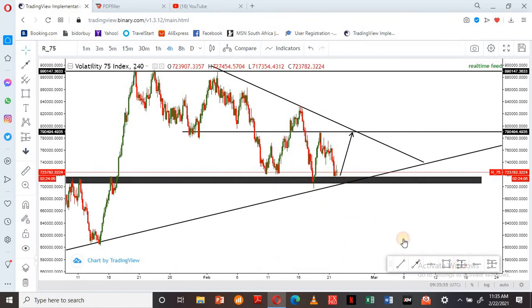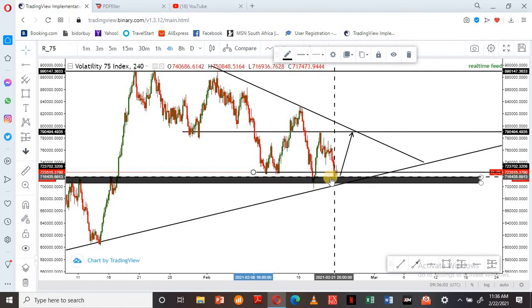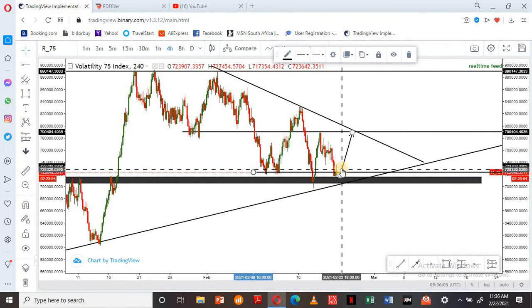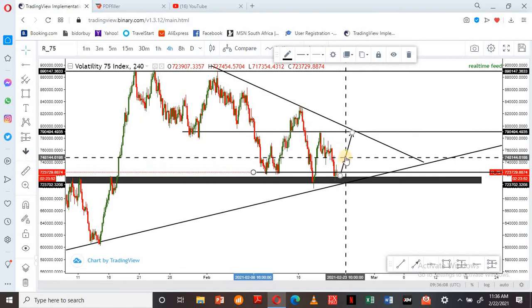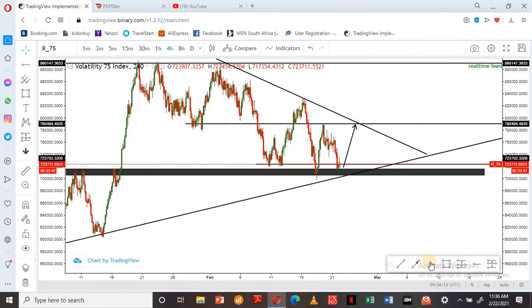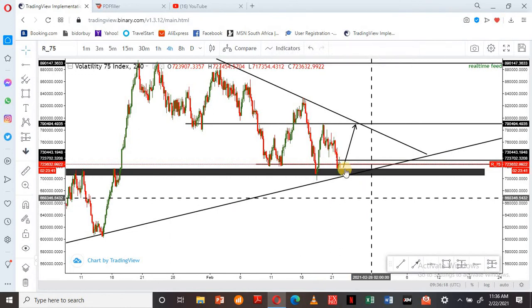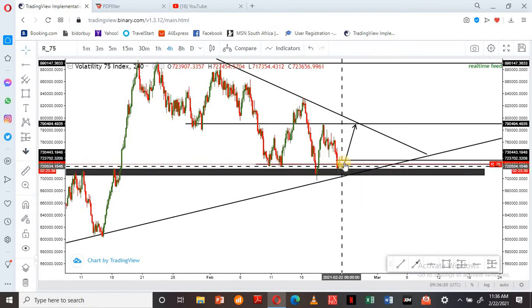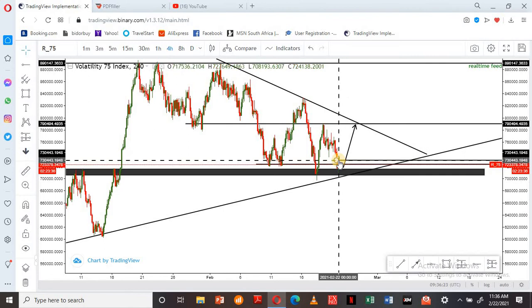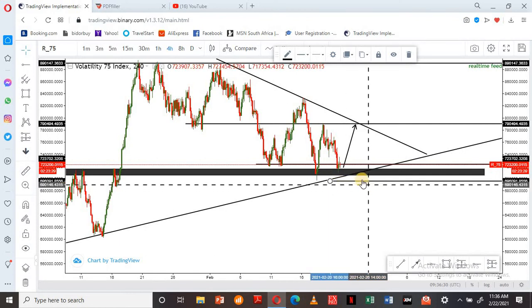The only challenge is this level of resistance or support here, which is way above this one and this one, and it's the only thing that challenges price from pushing up with momentum. However, if a candlestick closes above this, it's a confirmed buy. But if the candlestick closes below this, like here, somewhere here, it's a confirmed sell.